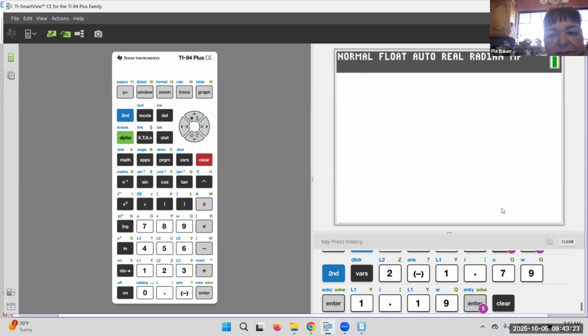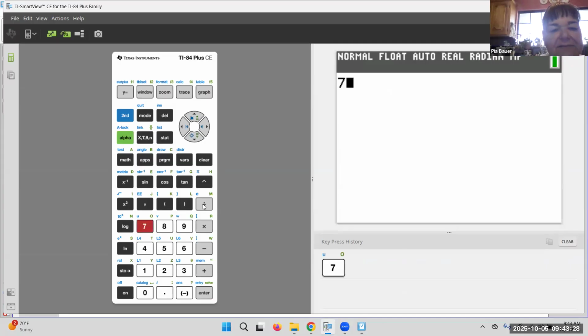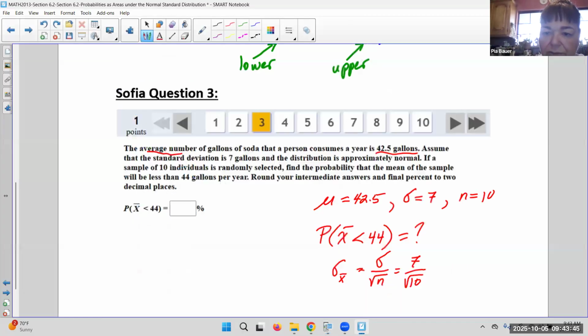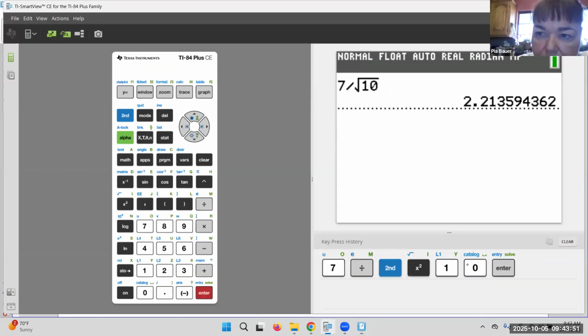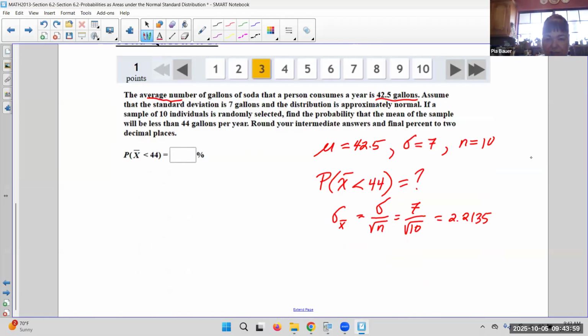And let me clear all of this as well as my keystrokes. So I have 7 divided by the square root of 10. And that is 2.2135. I don't like rounding it, but I do want to write it down in here. So I'm going to take 4 decimal places. Instead of really rounding it, I actually try to use the calculator to bring down the whole value that I have there.